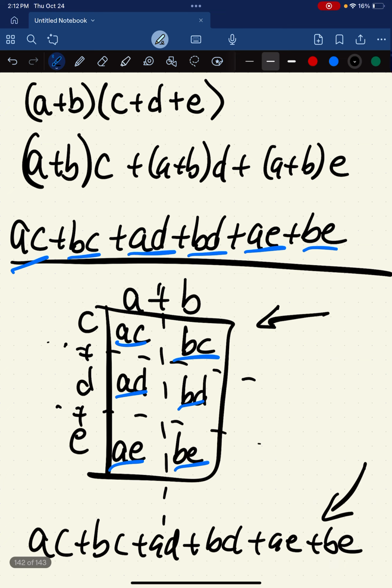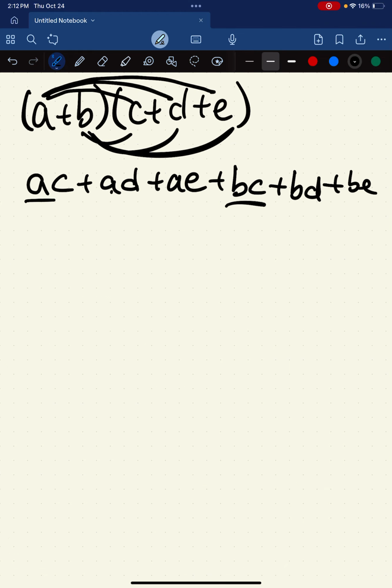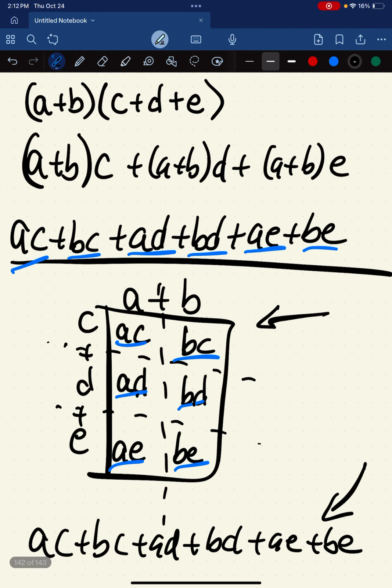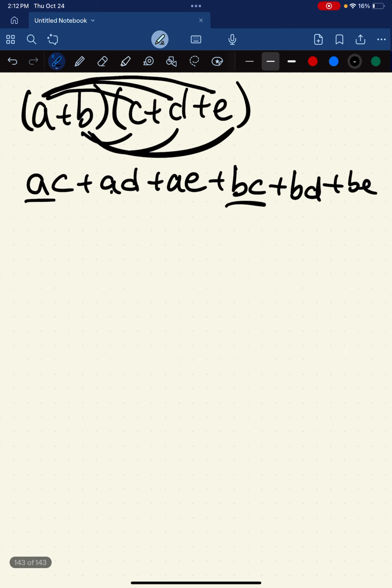And you can check, we have AC, BC, AD, BD, and we have AE, BE. So it's the same answer, just a different way of doing it. Again, my default method whenever I'm multiplying these out is going to be FOIL, or this isn't technically FOIL, but this FOIL-like method. That's how I prefer to do it.